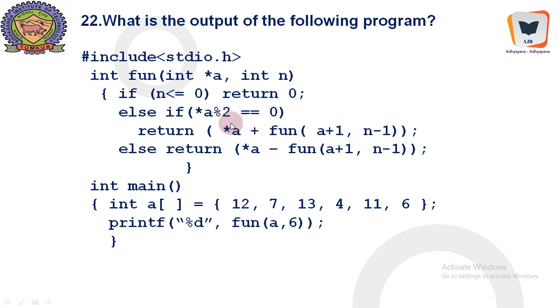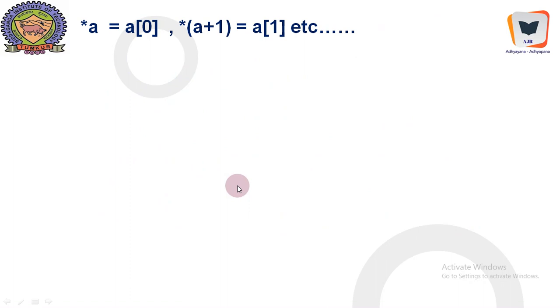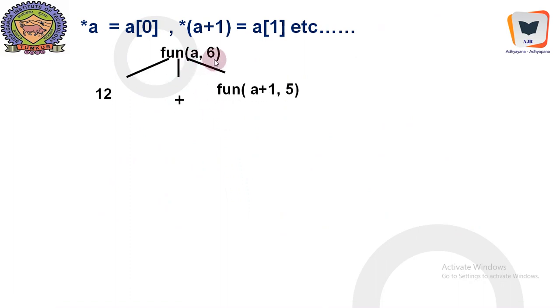Therefore what it brings is 12 plus function(a plus 1, 7 minus, n minus 1). n minus 1 means 6 will become 5. You will trace this very coolly and you can relate this particular function with this particular tree. So function a comma 6 becomes 12 plus function(a plus 1, 5).